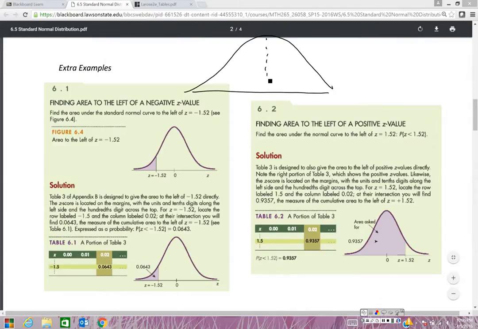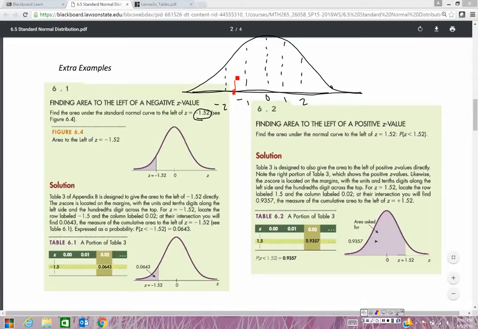So we know that 0 is here, 1, 2, -1, -2. Where is -1.52 approximately? Where is this number here on this horizontal axis? Well, it has to be between this -1 and -2, right?